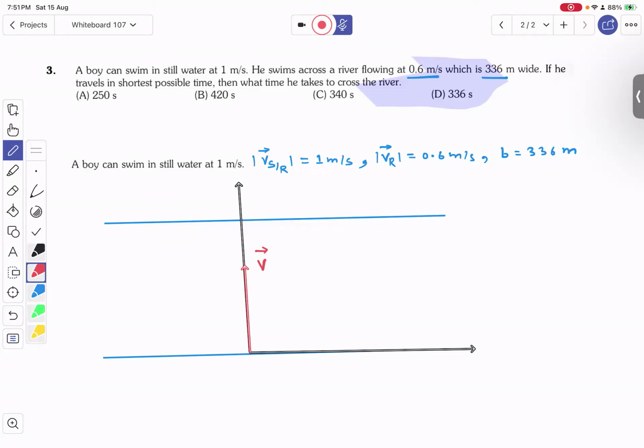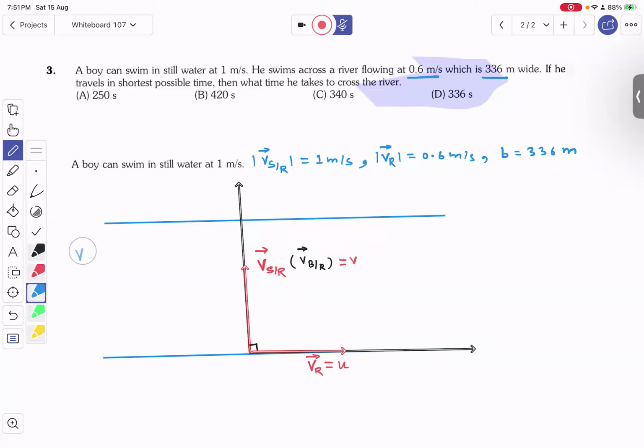So the velocity of the swimmer or the boat with respect to the river will always be perpendicular to the river flow. In that case, we will be crossing the river in least possible time. So for VR, we write u. For this, we write v.